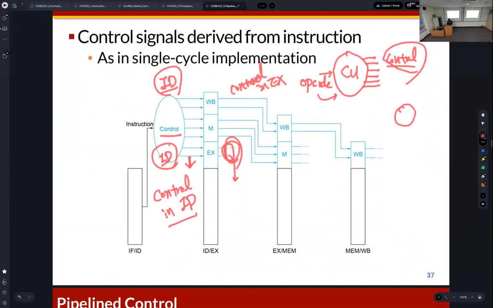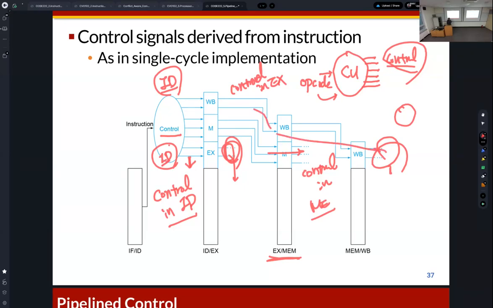How? You can find some control signals here, and they pass through the EX/MEM pipeline register. So this is the control signals in the memory stage. Write back is the same. We need the control signals in write back by passing through the pipeline register.